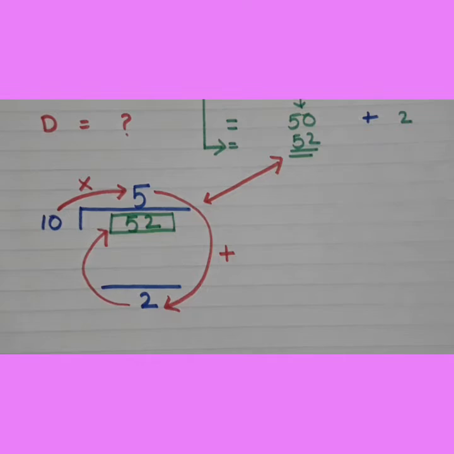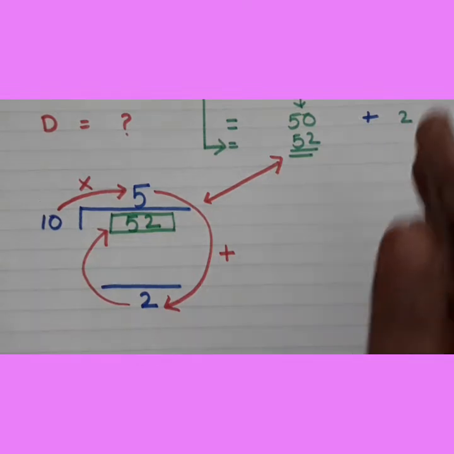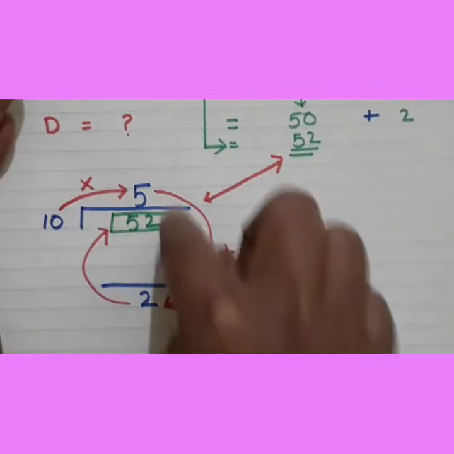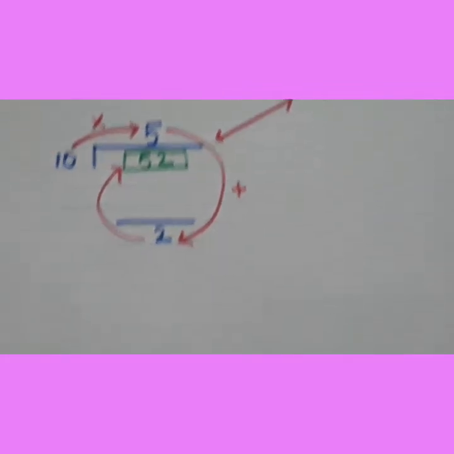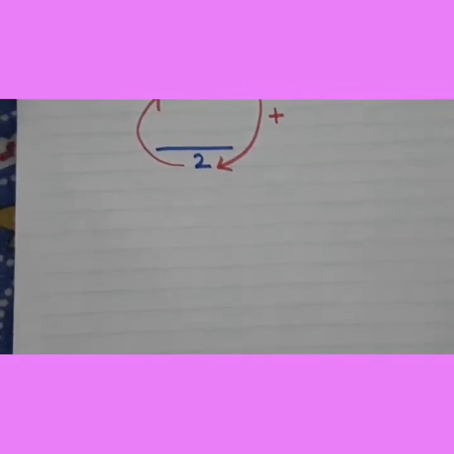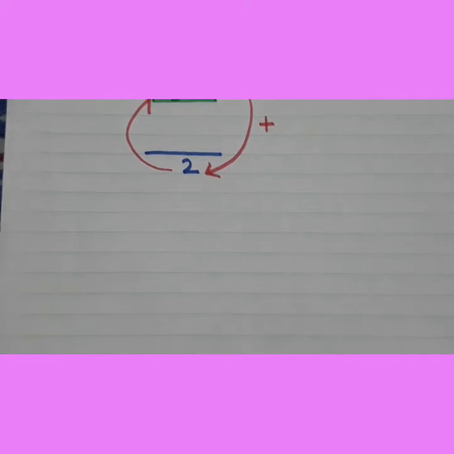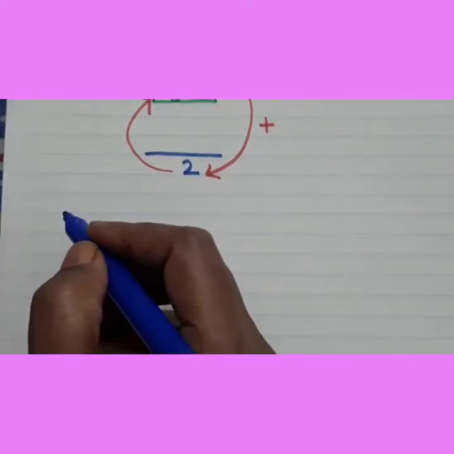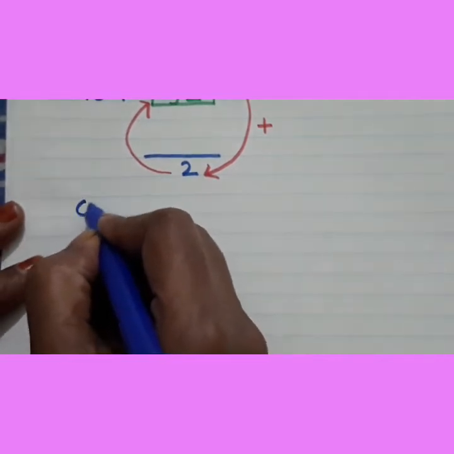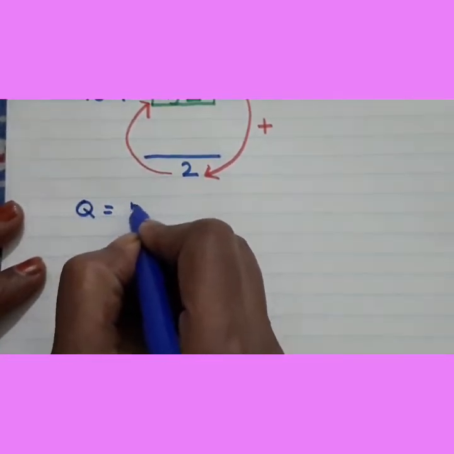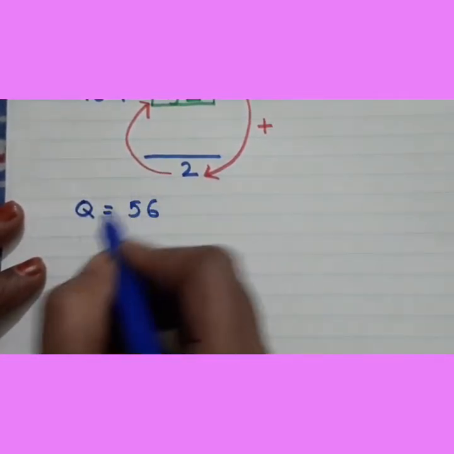Alright, let's take a bigger number now. I had taken the smaller numbers so that it's easy for you to understand. Let's take a bigger number. Now, in this question, what is given to us? Quotient is 56.